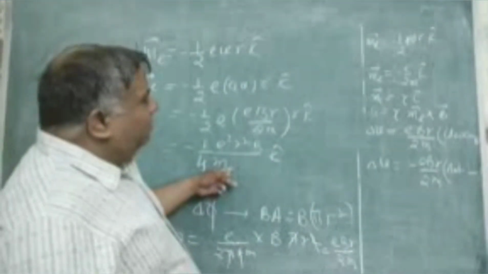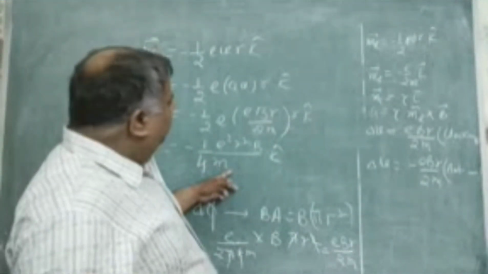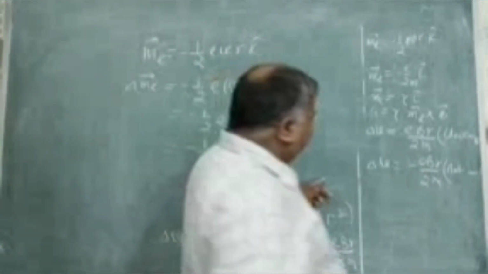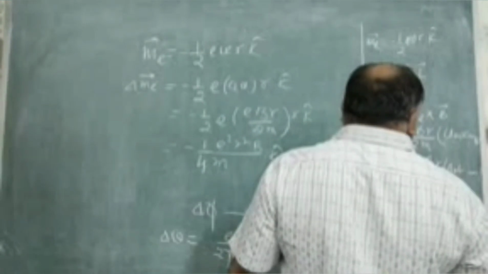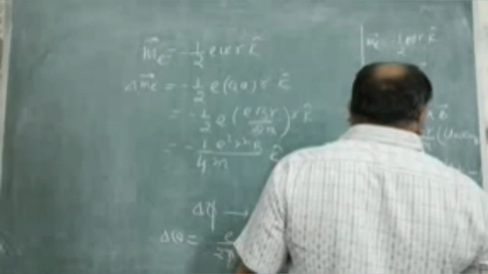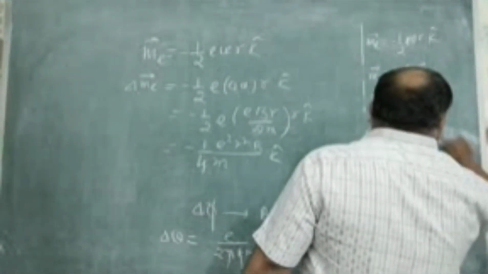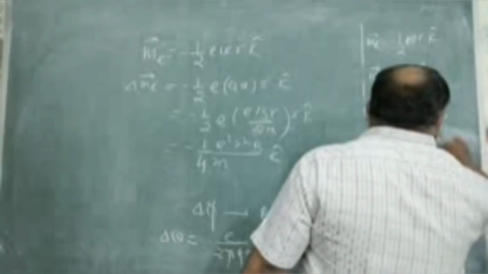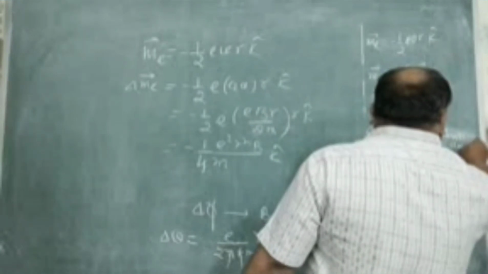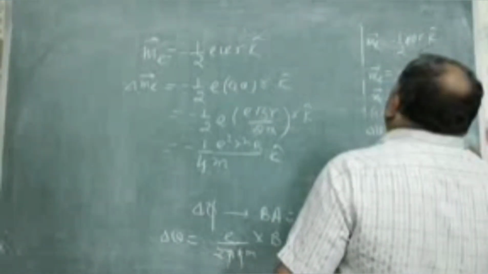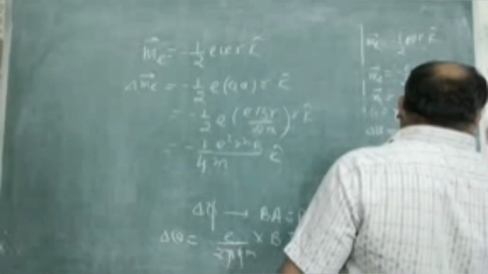Where the electron is moving anti-clockwise. This is clockwise.